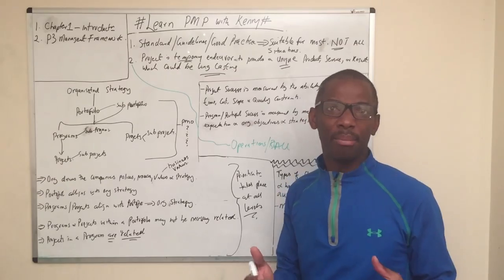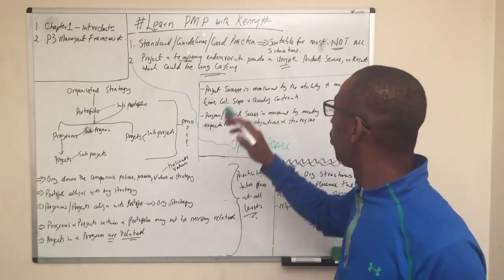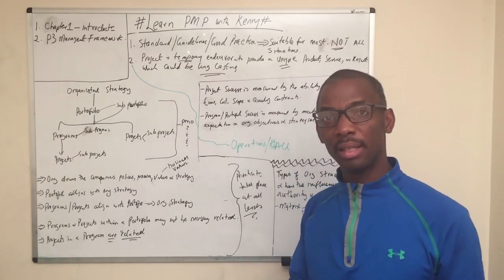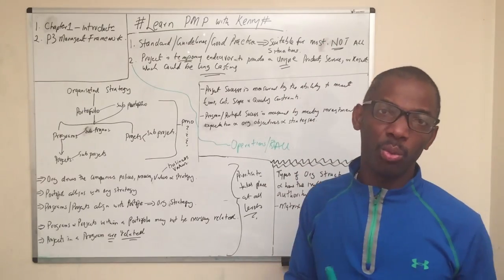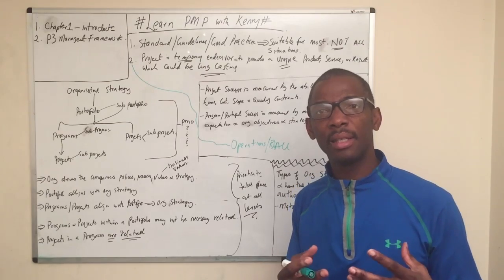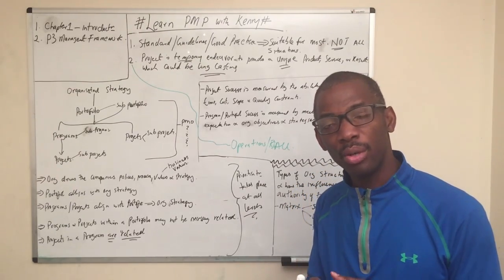In effect, the PMI standards or good practice will not work for every single project, but they're suitable for most situations. You have to tailor it to suit your project.